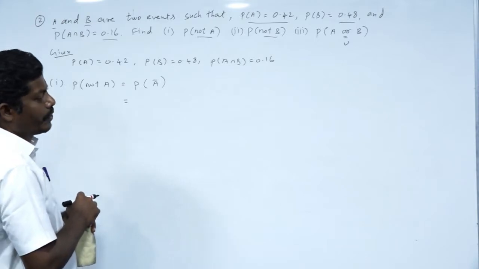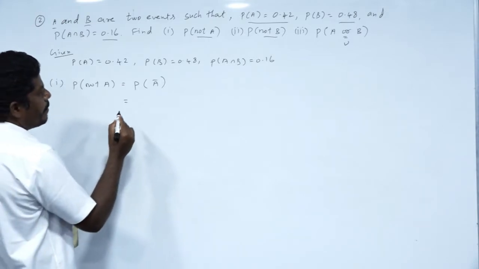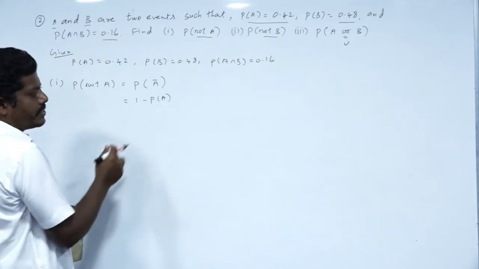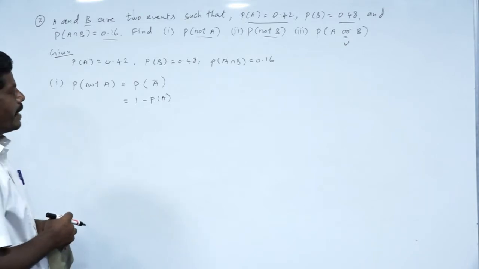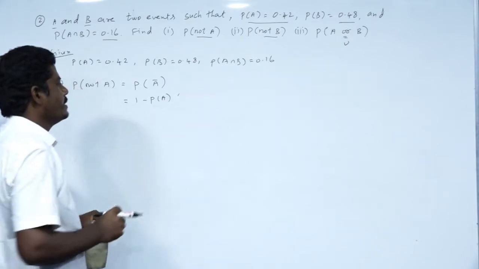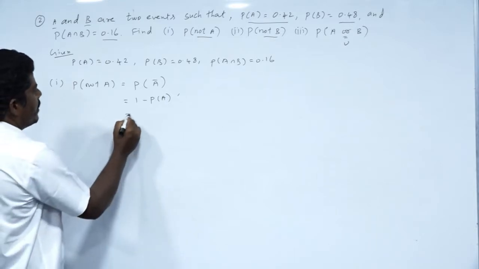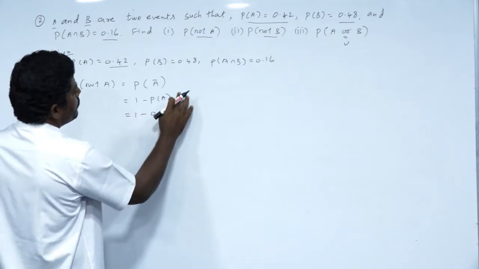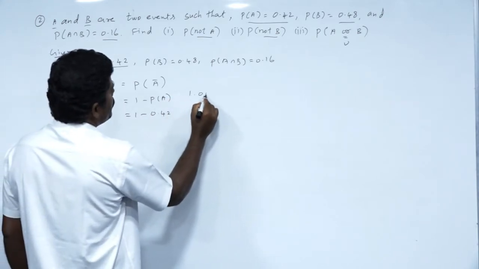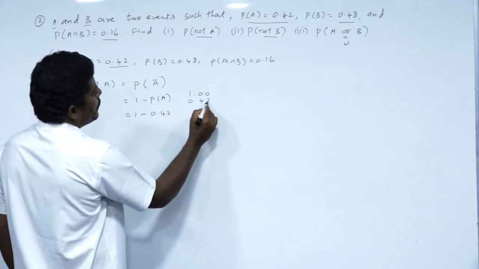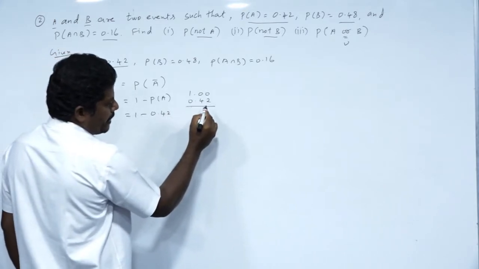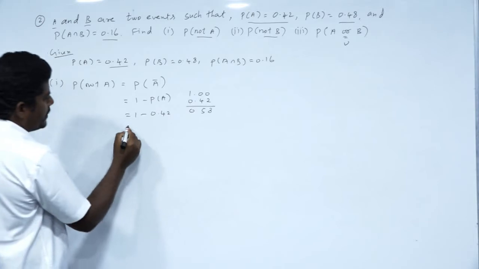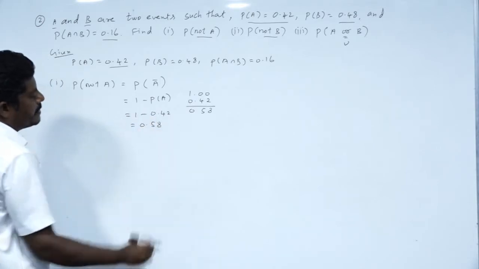We know the formula, my dear students: probability of A bar is equal to 1 minus probability of A. Now probability of A is 0.42, so 1.00 minus 0.42. Subtracting, 10 minus 2 is 8, and 9 minus 4 is 5, so we get 0.58. Understand, my dear students?